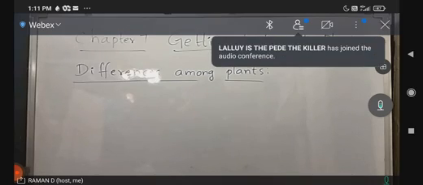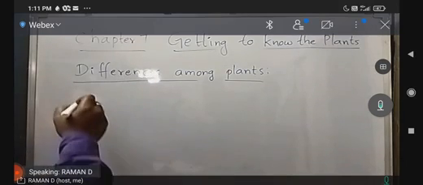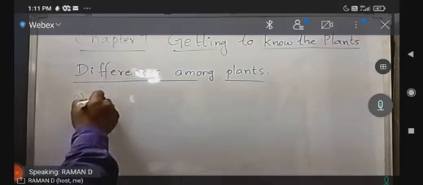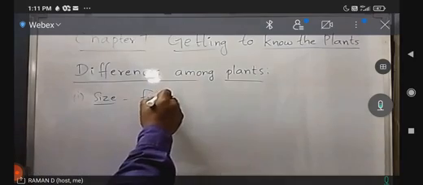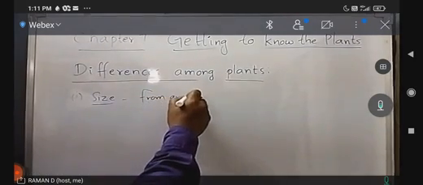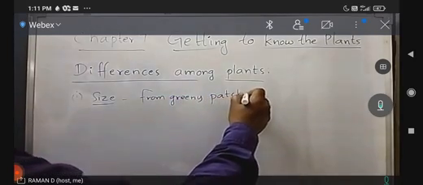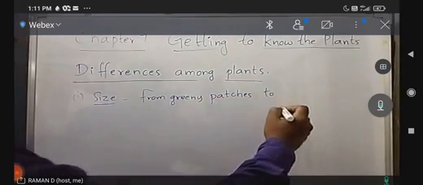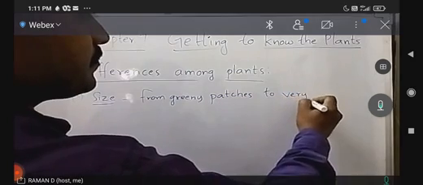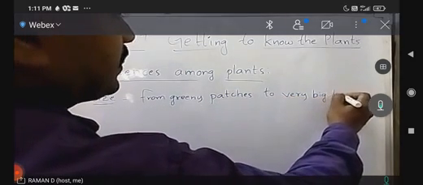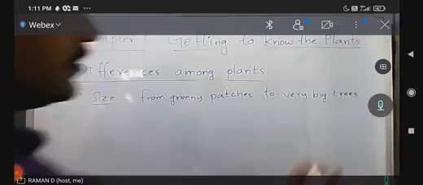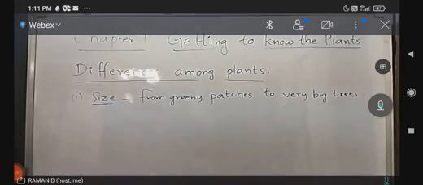All these trees also we can see. So the difference that can be observed among the plants is size. From greeny patches to very big trees you can find.